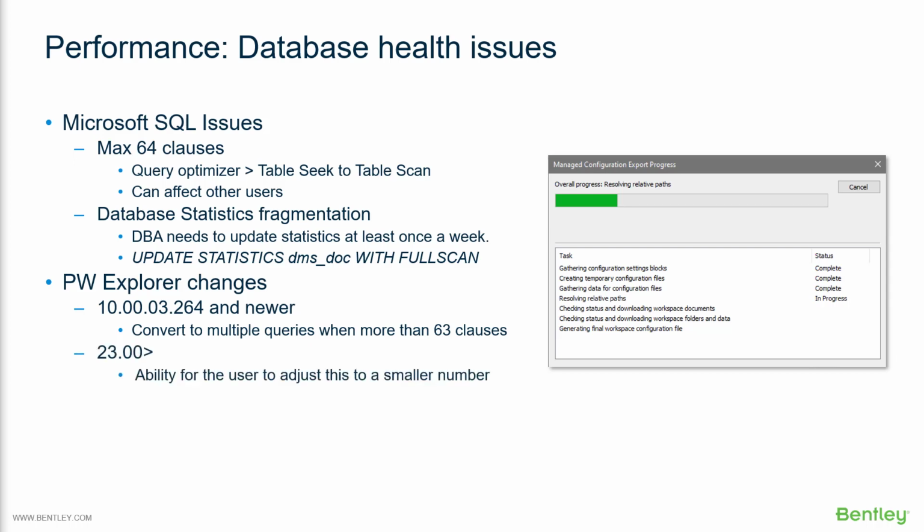In the upcoming release of ProjectWise Explorer, users will actually have an ability to adjust the max number of clauses to be lower than 63 if needed. Also, there will be an additional adjustment to structure the query to improve the performance. Lastly, there's a technique to simplify the query, which we found prior to releasing the 3.264. Let's look at that on the next slide.